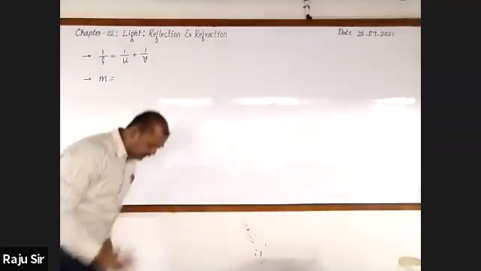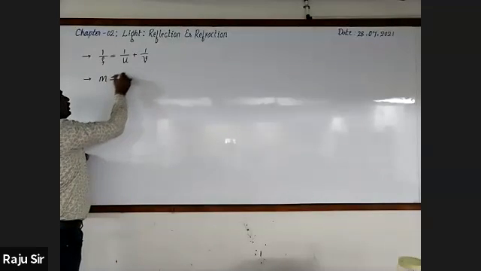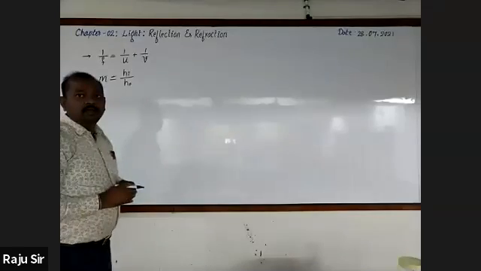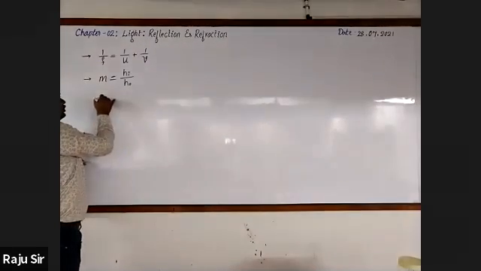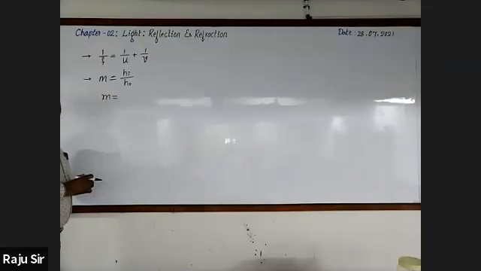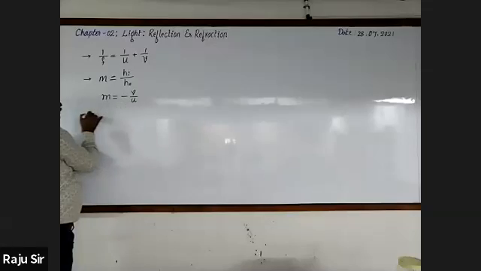And what is the formula? It is m is equal to hi by h naught. This can also be found out in terms of object distance and image distance. How? It is minus v by u.